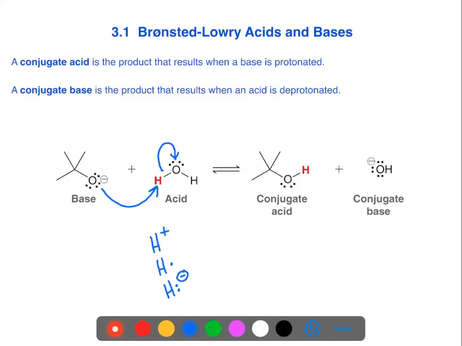But for now, for acid-base reactions, we're referring to the transfer of a proton from the acid to the base, which is the result of the electron flow from the base to that proton.